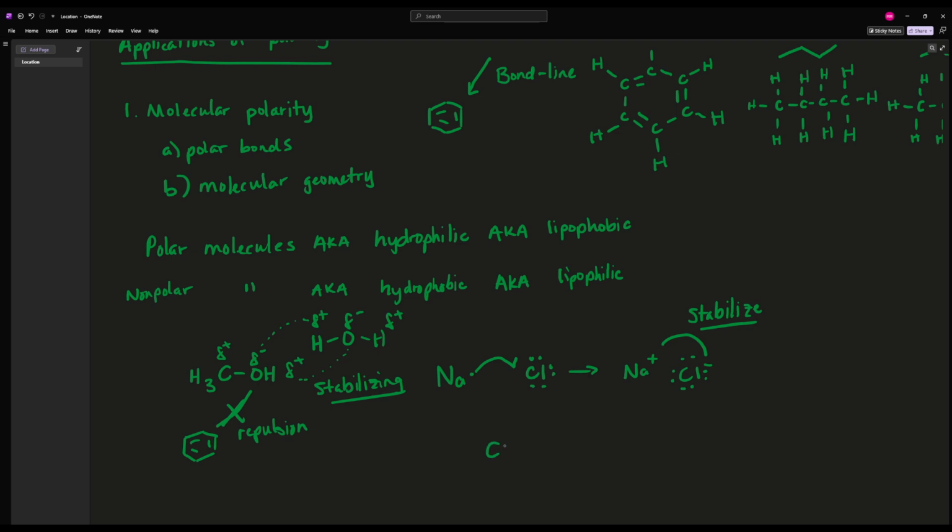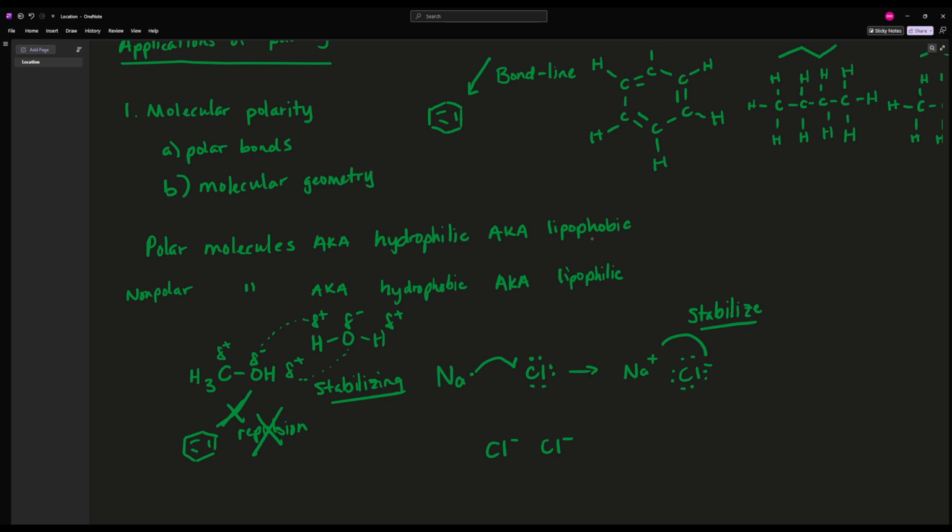So if we had 2 chloride ions right next to each other, these negative charges, when they get close, there is actually a force that separates them. There is no such separating force with hydrophilic molecules and hydrophobic molecules being right next to each other. So there is no repulsion.